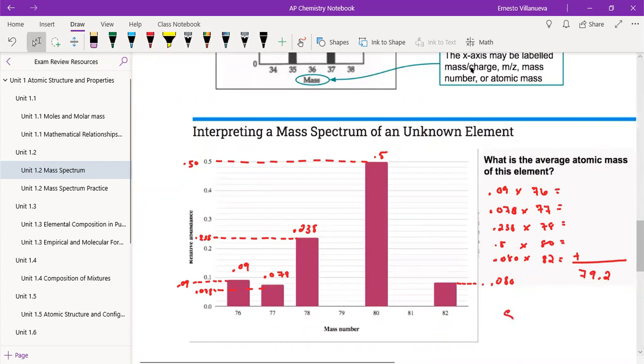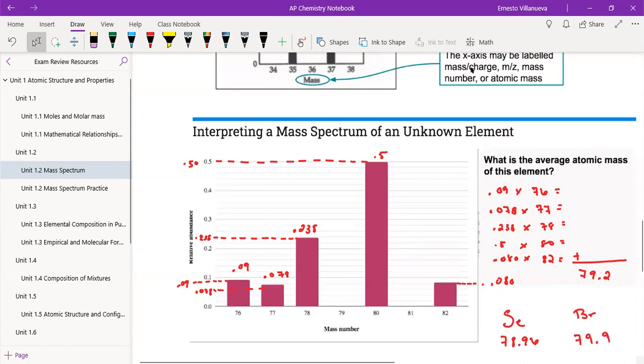Now, if you look at the periodic table, there are two elements that this could be. You've got selenium, which is sitting right around 78.96, and then the one next to it, bromine, which is sitting right around 79.9.